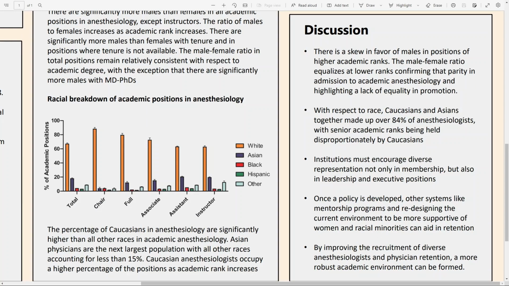The data also seems to suggest that while recruitment into introductory positions like instructor is fairly equal, the promotion past those stages into tenure streams or full professorships is not. And this is one place where there can be more improvement, to encourage physicians that are focused on improving diversity and productivity in the school towards leadership positions.